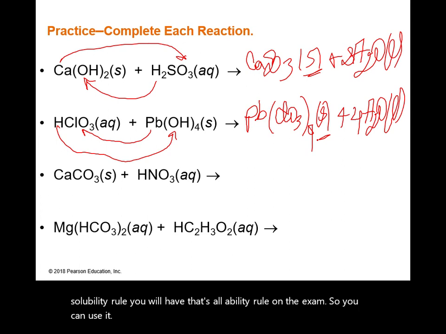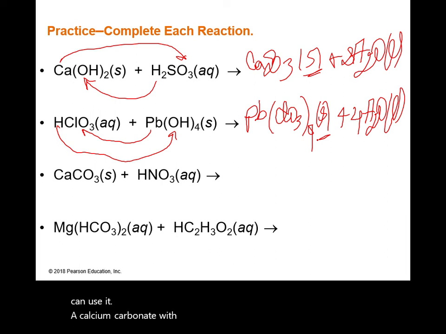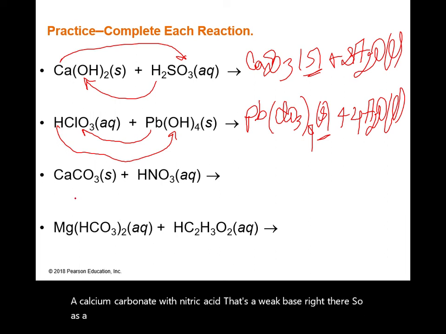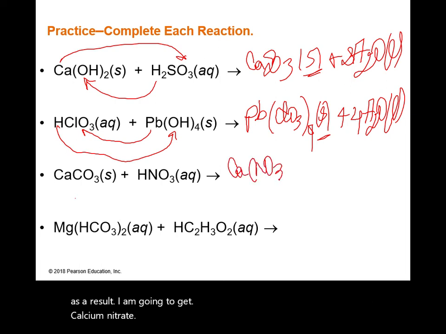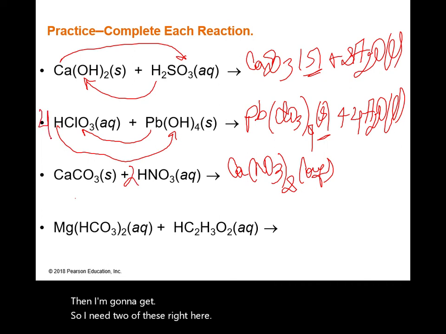Calcium carbonate with nitric acid, that's a weak base right there. So as a result, I am going to get calcium nitrate, and that's soluble. Then I need 2 of these right here, so I'm going to put 4 right here to balance this.